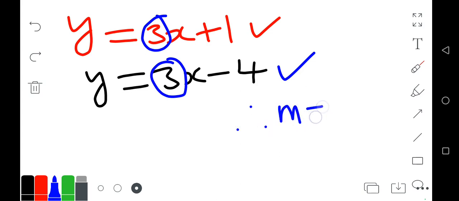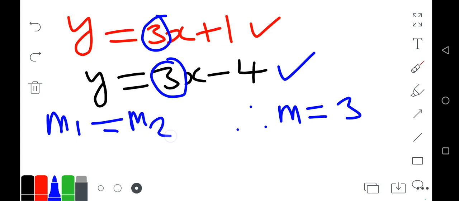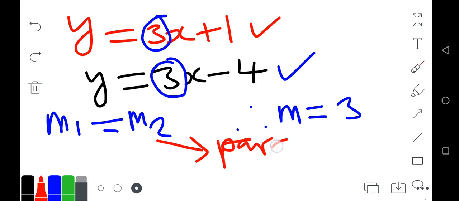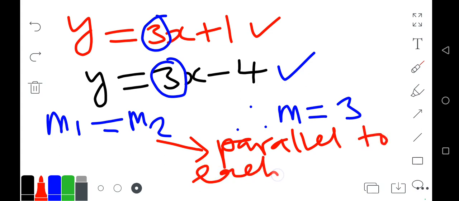The gradient in this case is just 3. So if m1, the gradient of the first equation, is equal to the gradient of the second equation, then we can conclude that these two equations are parallel to each other.